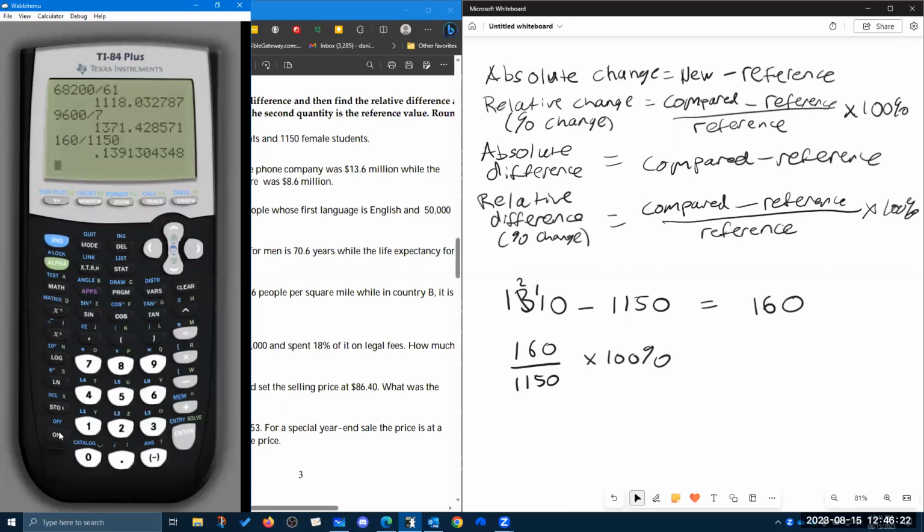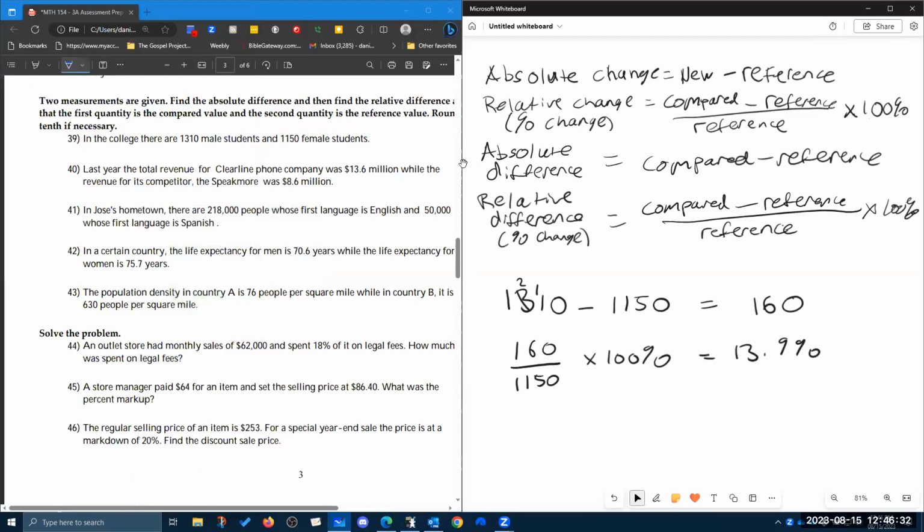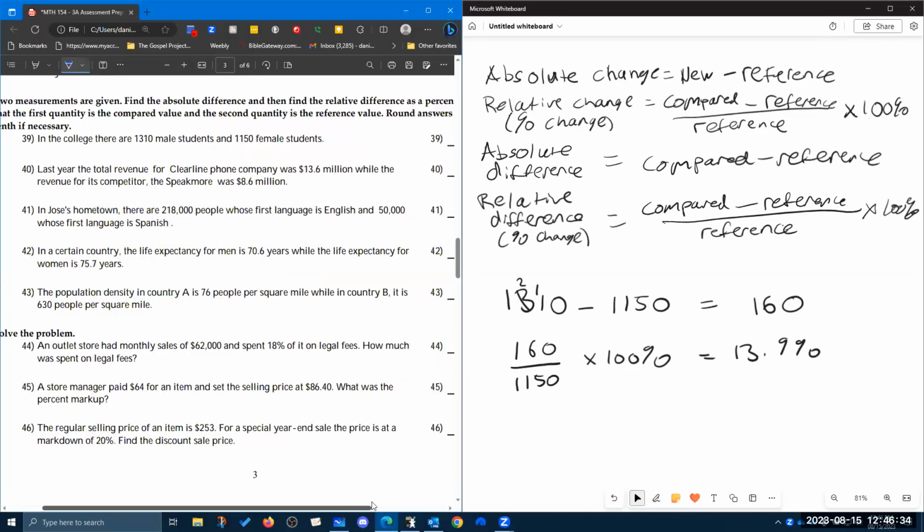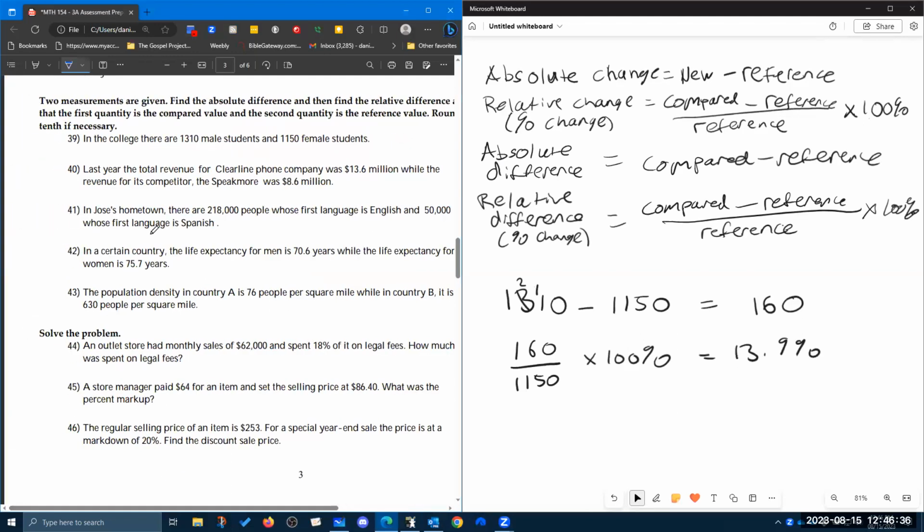When we change that to a percentage, that's going to be 13.9%. It says round answers to the nearest tenth of a percent as necessary. So 13.9% more male students than female students.